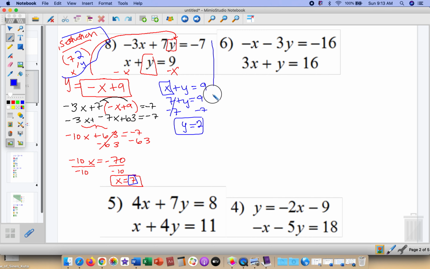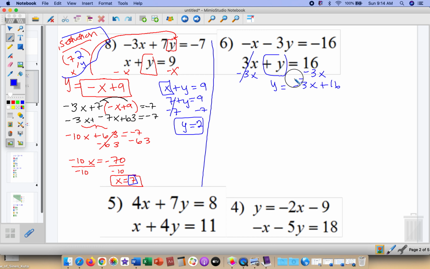Let's look at number 6. So for number 6, we pick a variable to isolate. I'll isolate y by subtracting 3x from both sides. So we will have y equals negative 3x plus 16.